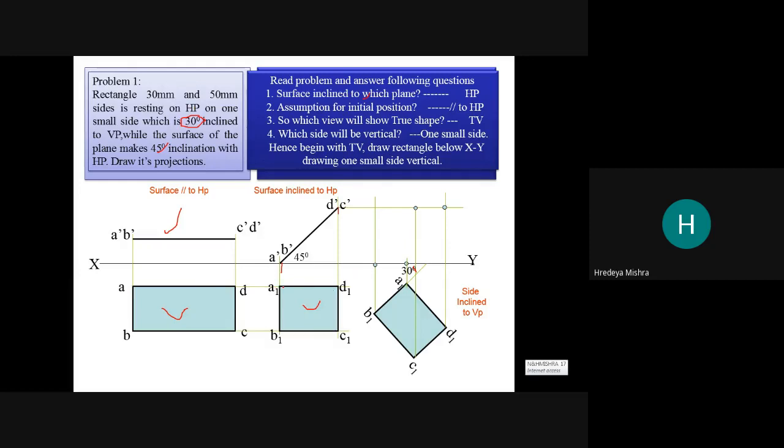So the long length, this is the long length, AD is long. So here, see, one side is resting on the XY line. Now A, B, C, D, A1 dash, B1 dash and C1 dash. You can also give this name A2, B2, C2 and D2. There is no problem because this is the third step, so we can get these things. There is no difficulty to draw that.